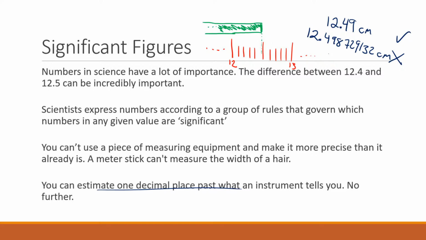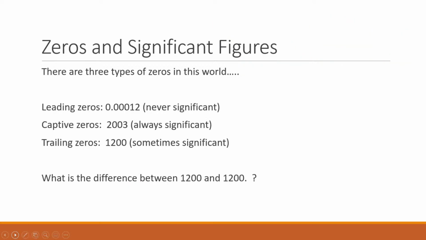So those are the first two rules for significant figures. The next set of rules for significant figures come from the fact that 0 is a number, and really the different types of zeros that exist. There are 3 different places that 0 can be within a number. The zeros can be in the front of the number, leading the other non-zero numbers.